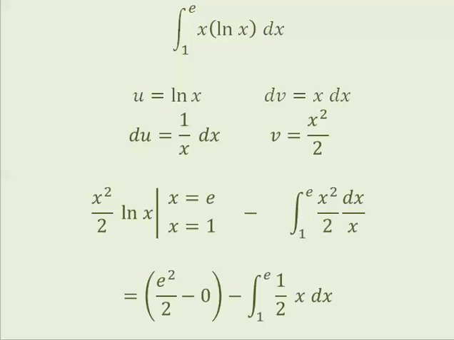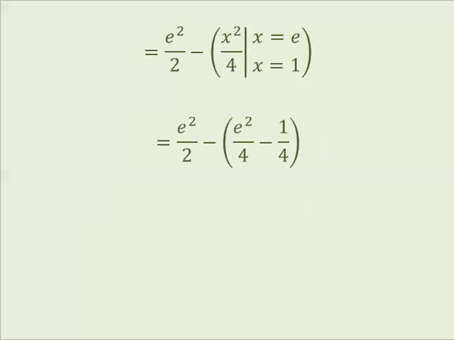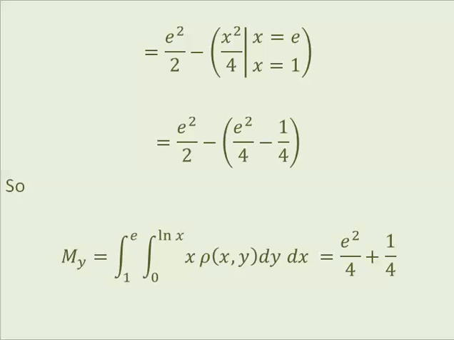I had x squared in the numerator and x in the denominator, and so that just simplifies to x. And that's not very difficult to integrate. So go ahead and integrate that and evaluate it. And I find that my moment with respect to the y-axis is e squared divided by 4 plus a fourth.